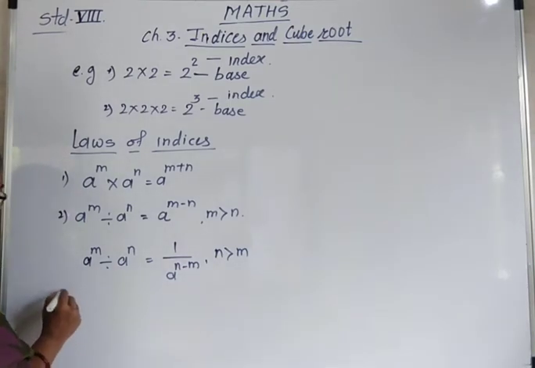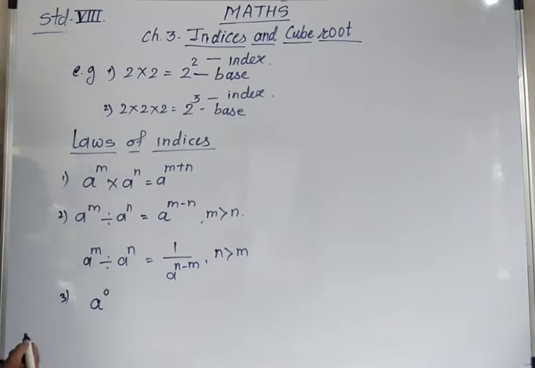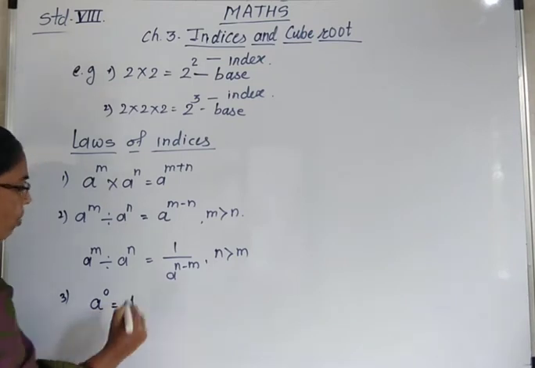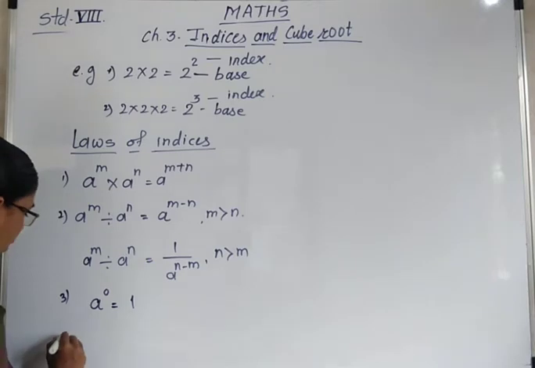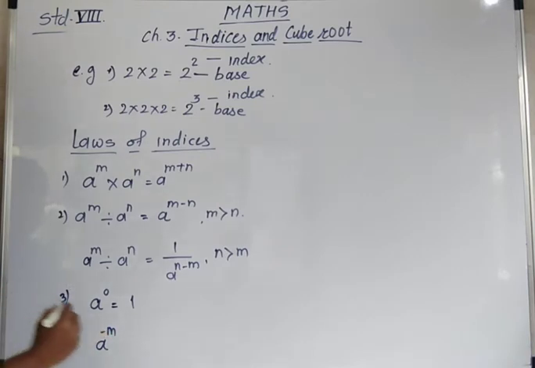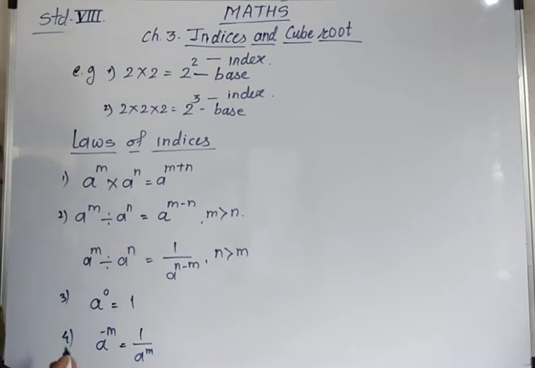Now third is when the index of any number is 0. When the index of any number is 0, the value of that index form number is 1 only. Now if the index of any number is negative, a raised to minus m, then it is equal to 1 upon a raised to m.